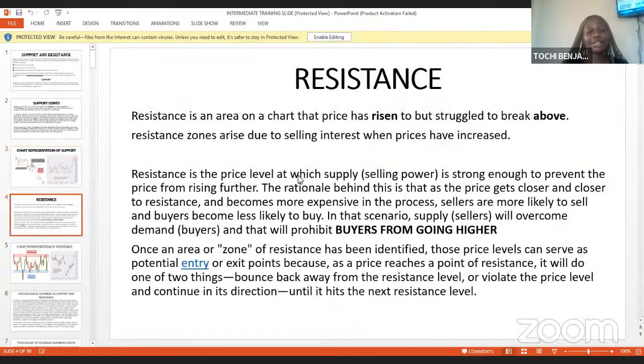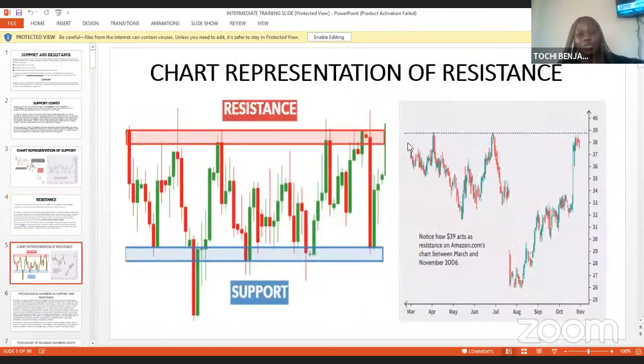Resistance is where you have sellers selling orders or sellers consolidation, because it's seen as the roof of price or the peak of price, where we have sellers orders. So that is resistance, which you will see technically on this chart before we go to live charts.